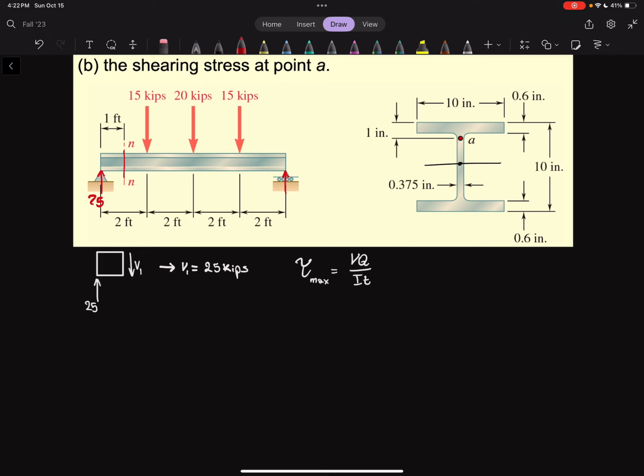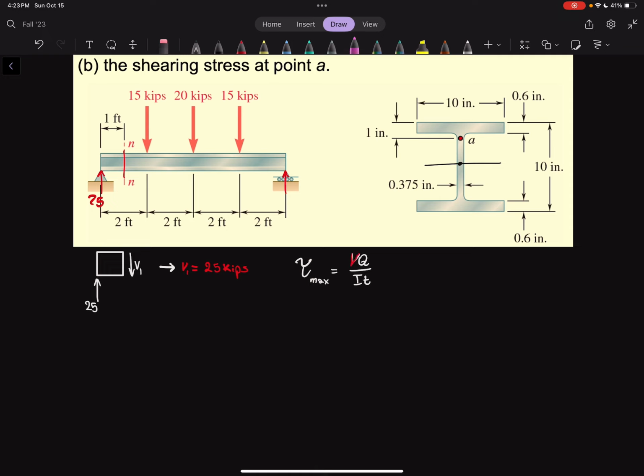Now we just found our V, which is 25 kips. I think there's a better way, and I'm going to show you. Instead of recoloring that, I can do this. There you go. And so that's going to be my V.